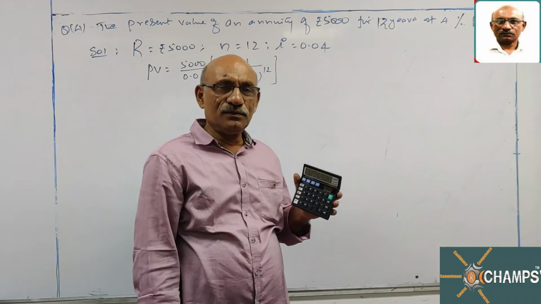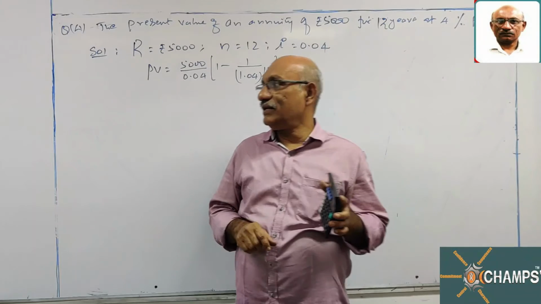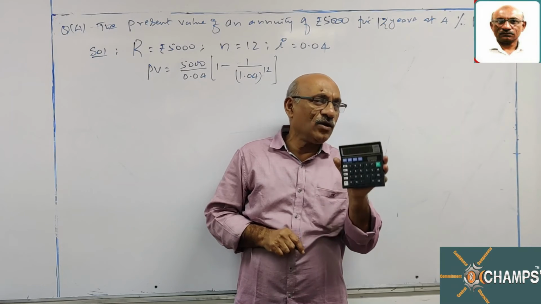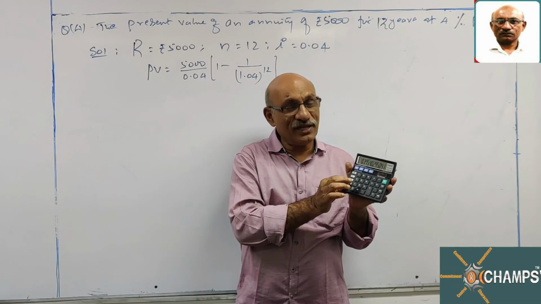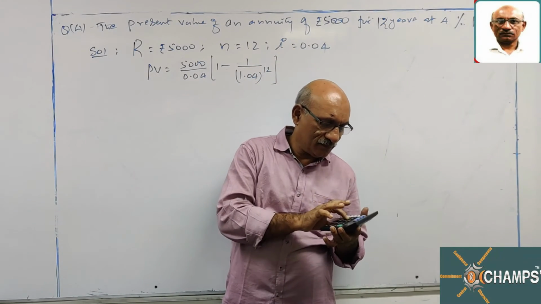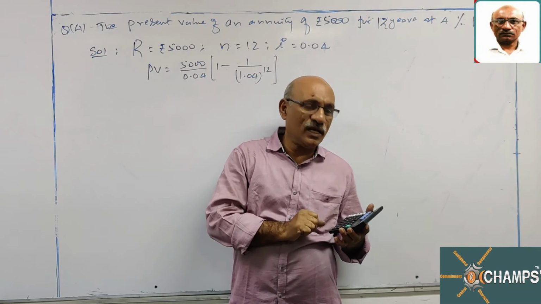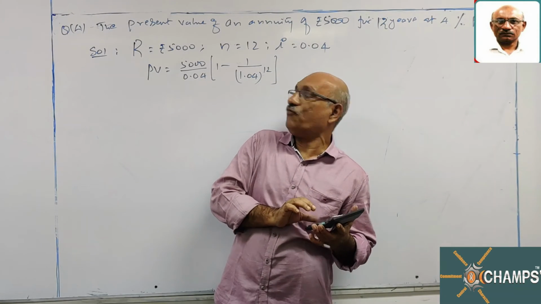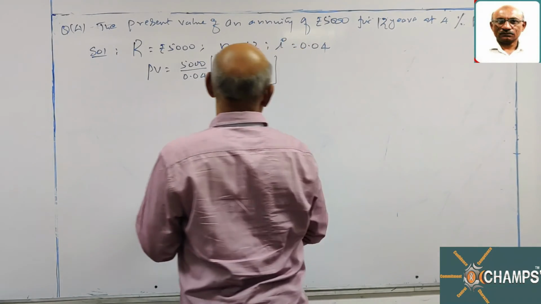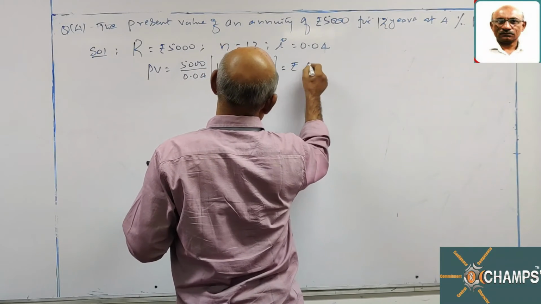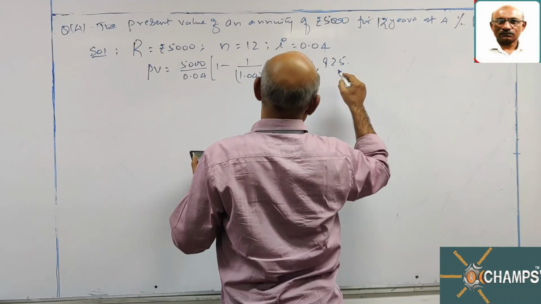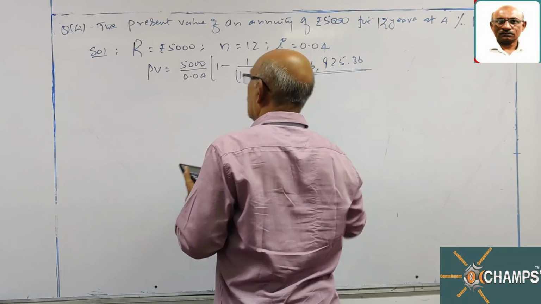You will get a negative value, but we know it should be positive. Eliminate minus sign, press plus or minus button. It is multiplied with 5,000. Whatever answer you are getting, that is divided by 0.04. It is rupees 46,925.36. This is the present value.